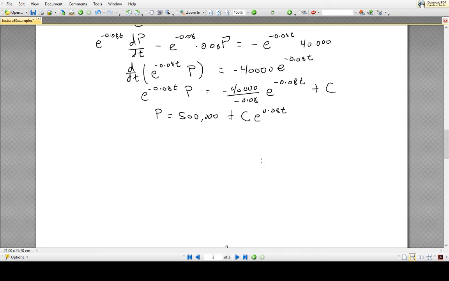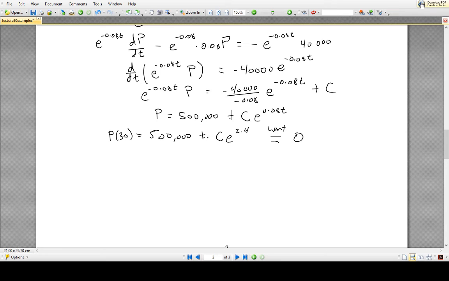So P at 30 years for our equation is 500,000 plus C e to the 2.4. This is what happens when you plug in t equals 30. And we want that to be equal to 0, because after 30 years we want the value of our portfolio to be 0.